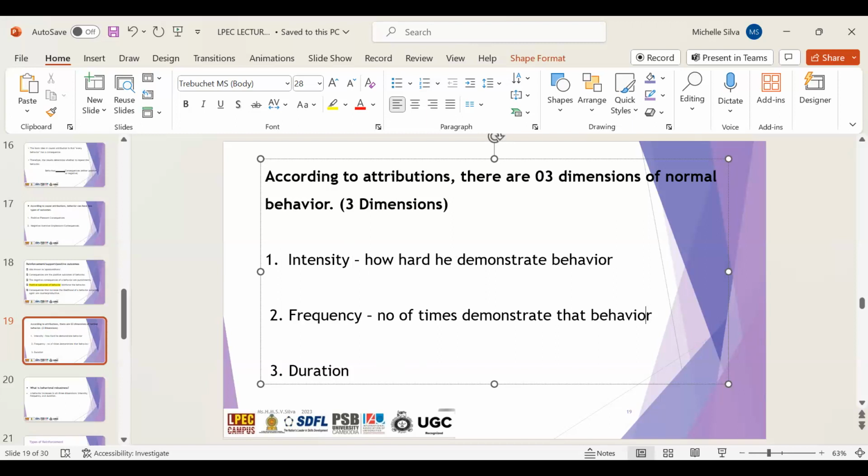I'll explain using an example. So duration is the time period a certain behavior lasts.